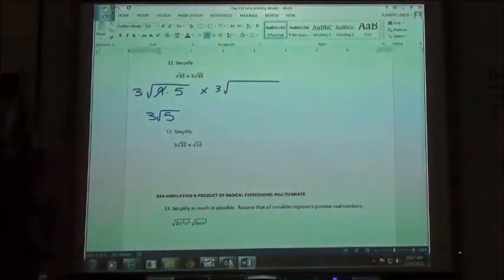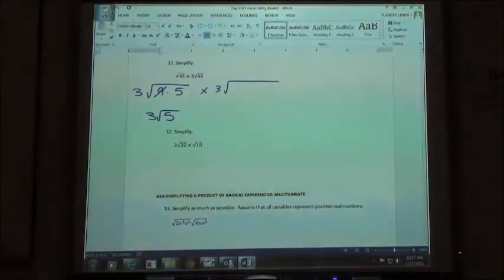48, we want to factor the biggest perfect square that goes into 48.